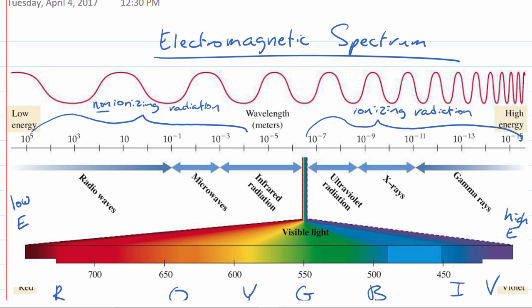Usually we use red to represent areas that are really hot, and blue and violet colors to represent cold. So sometimes it is translated into color as well.